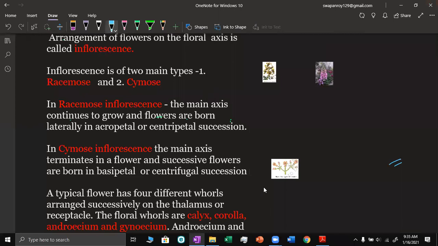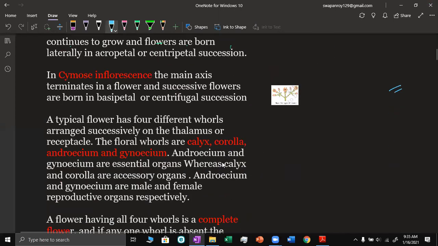Okay, so this flower has different whorls: calyx, corolla, androecium, gynoecium.